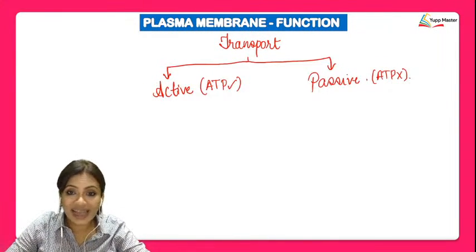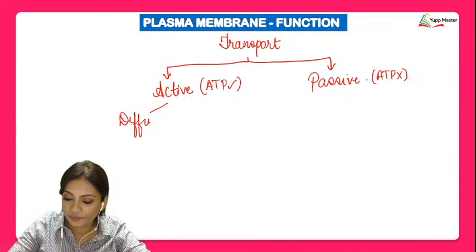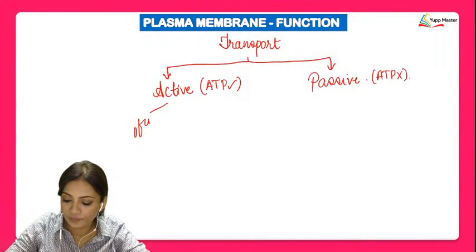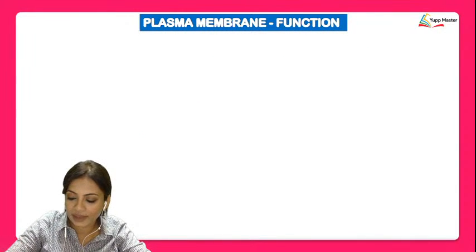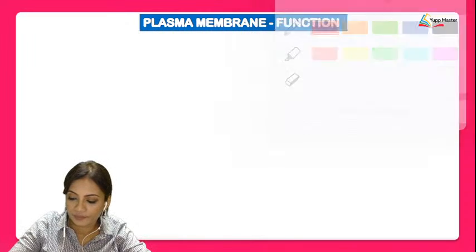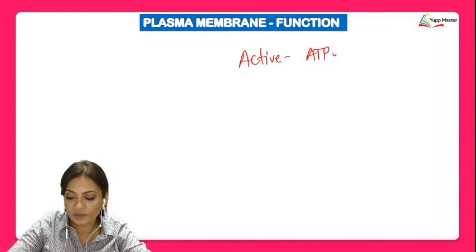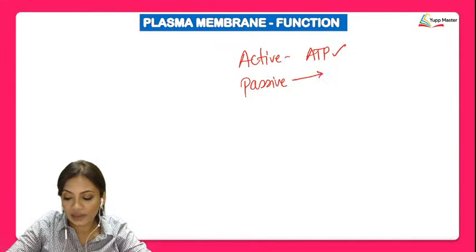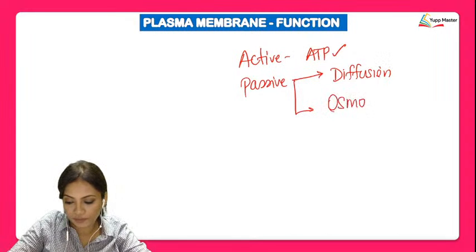So active means there's going to be ATP used, but passive would basically mean either it is in the form of diffusion, or it is in the form of osmosis.